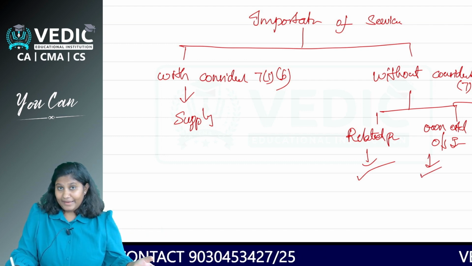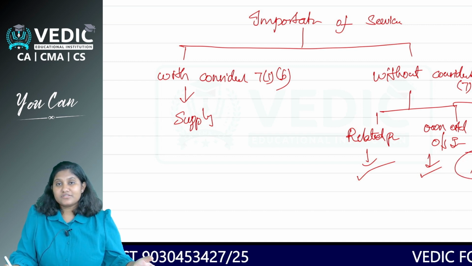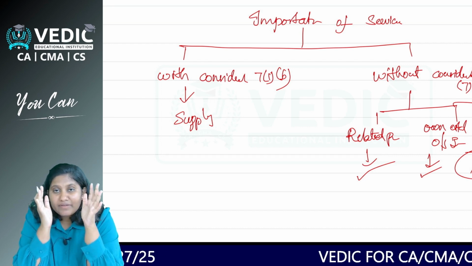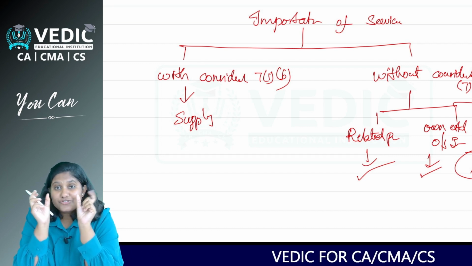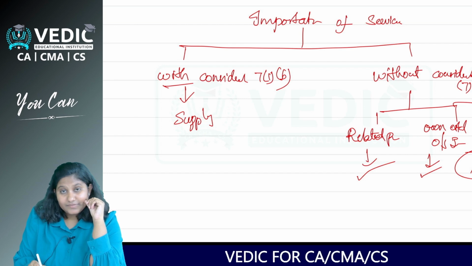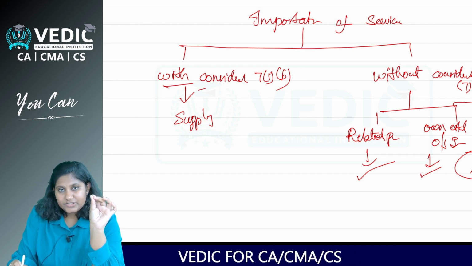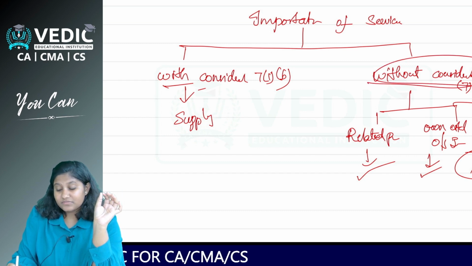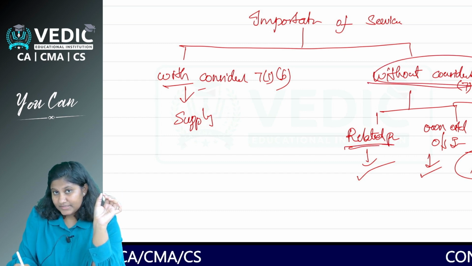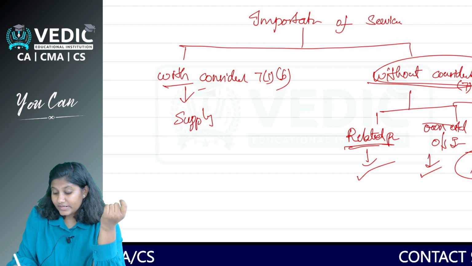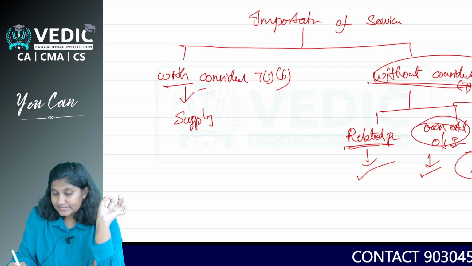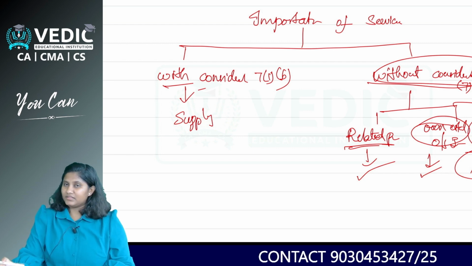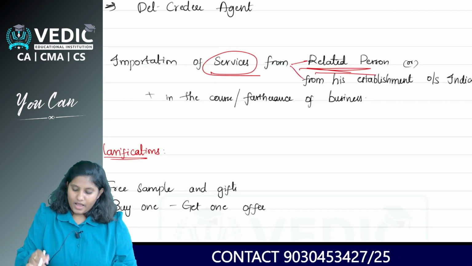But if from any other person with no consideration, not a supply. Basically in 7(1)(b) and 7(1)(c), importation of services with consideration is a supply, no matter from whom. Without consideration, if it is from a related person or own establishment outside India, in the course or furtherance of business, then supply. If any other person, no supply. Are we clear on that?